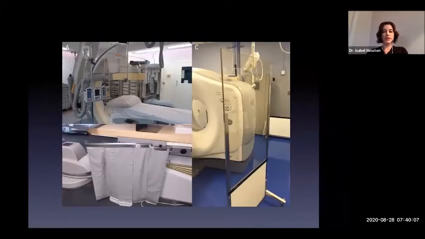So here are some images of things that you absolutely should be using. In A, we have this acrylic shield, and this helps enormously to reduce the amount of scatter radiation to your chest, to your neck, and to your eyes. And this shield, at least where I work, is prepped with a plastic bag that keeps it sterile so you can move it around during the case.